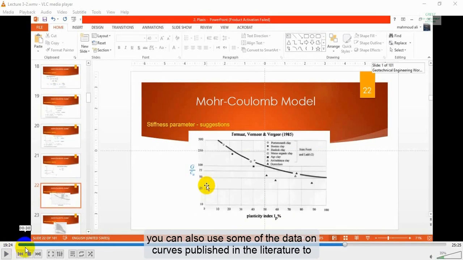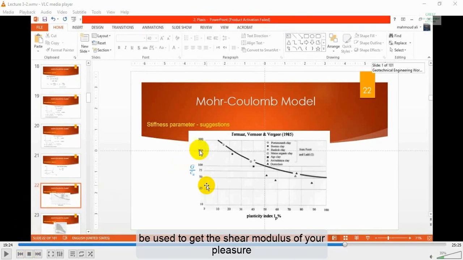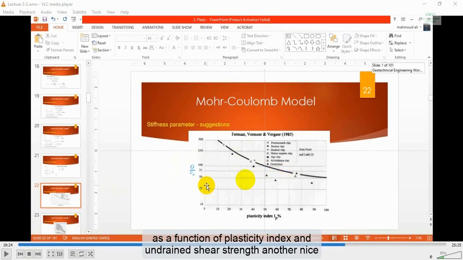You can also use some of the data and curves published in the literature to find an approximate stiffness value. However, you have to make sure that the conditions and assumptions used in developing this relation are applicable to your case. For example, Ermont et al. 1985 developed this curve that can be used to get the shear modulus of your clay soil as a function of plasticity index and undrained shear strength.